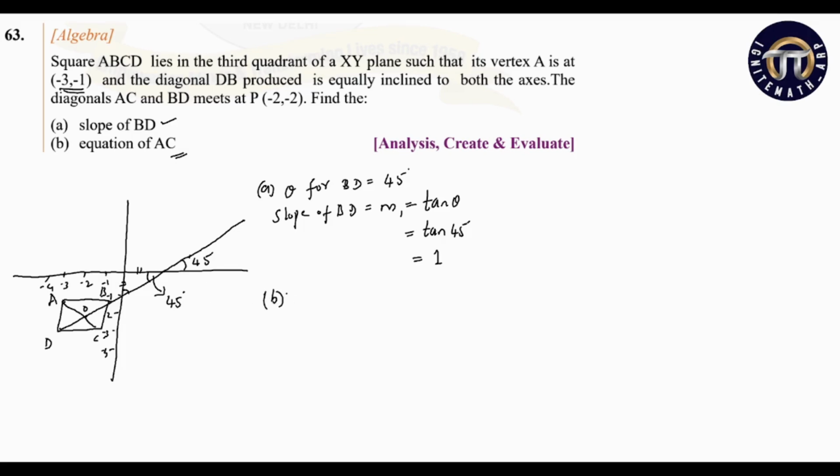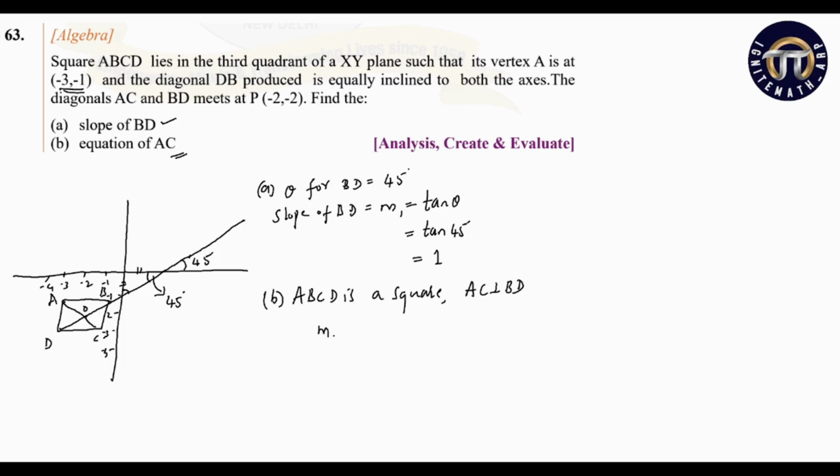So you know that ABCD is a square. Since ABCD is a square, AC is perpendicular to BD. If two lines are perpendicular to each other, the product of their slopes is equal to -1. This is what we learned in equation of the line.